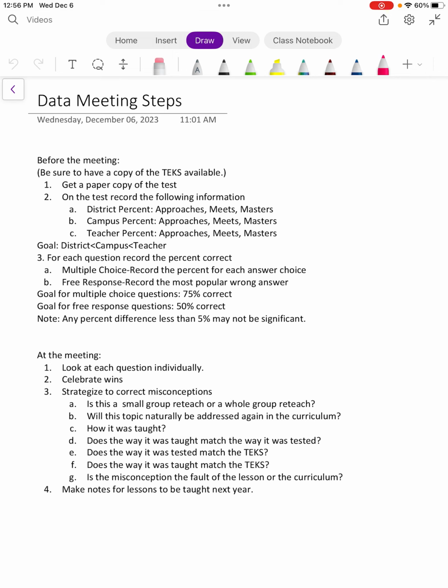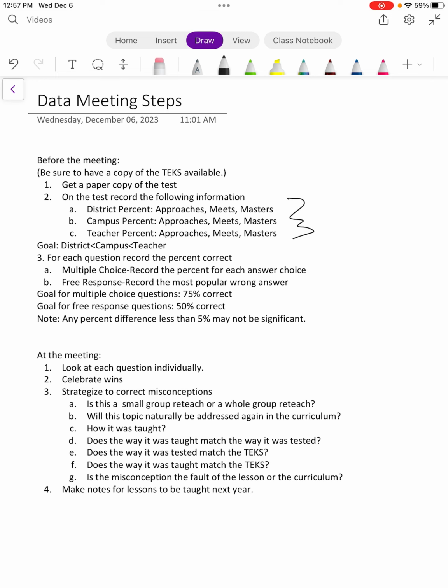I make sure that I have the following percents recorded, and I record them on the front page of the test: my district percents, campus percents, and teacher percents of approaches, meets, and masters. If you're a coach, you'll probably want the percentages for each of your teachers on the test. If you're a teacher, you might just want your percent.